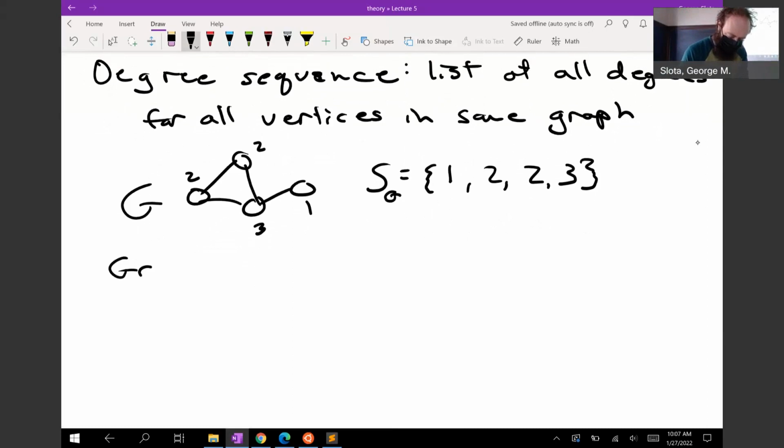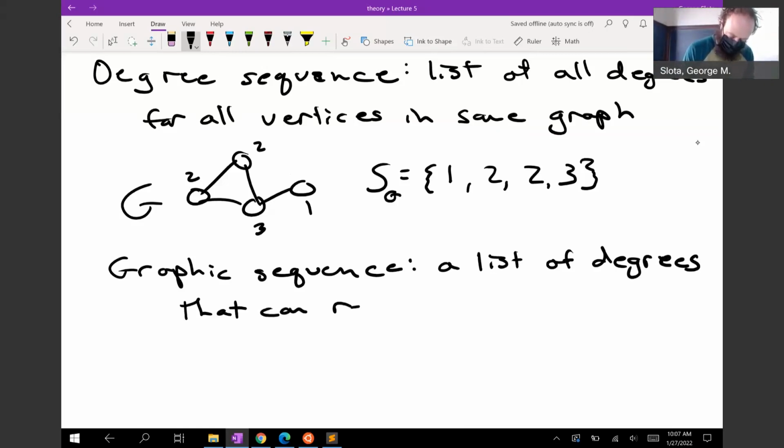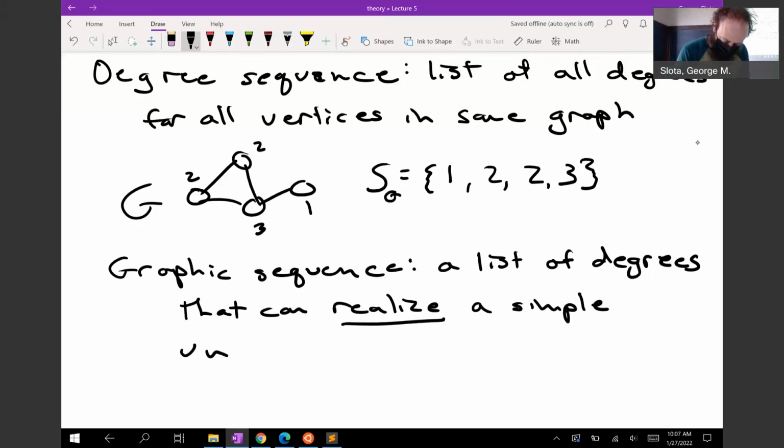Kind of going one step farther, maybe one step back, who's to say? Graphic sequence. Maybe it's a step sideways. I don't know. Essentially, like a degree sequence, a list of degrees that can realize, that's a key term we'll define in a second, a simple undirected graph.